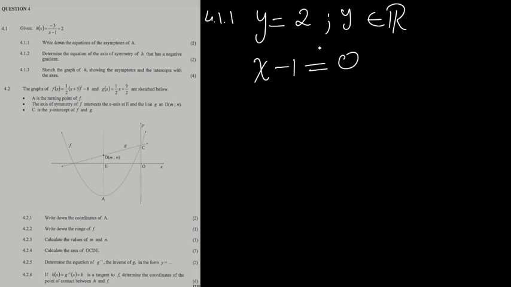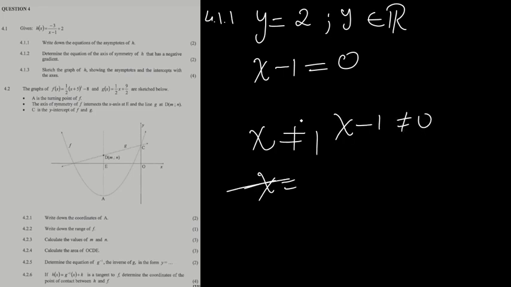Remember, they are asking for the equation of the asymptote, therefore you write is equal to. But if they were asking us for the domain of this function, you would say x not equal to 1, or x minus 1 is not equal to 0, because that would mean they are asking for the values of x where the function is defined.